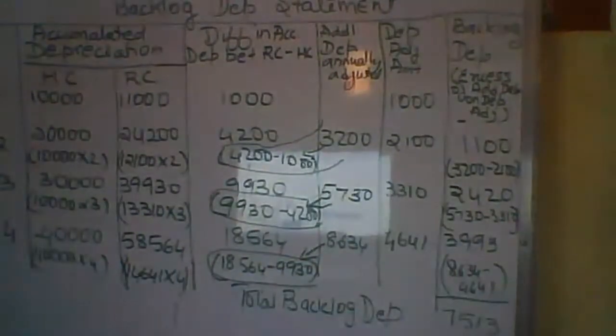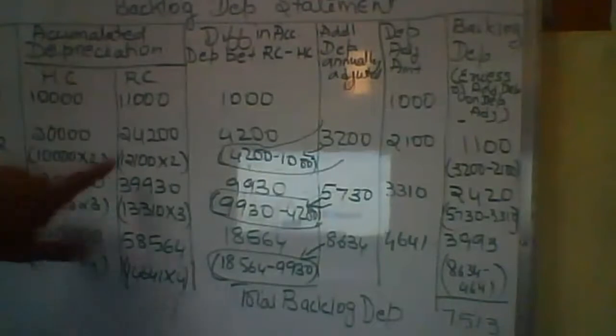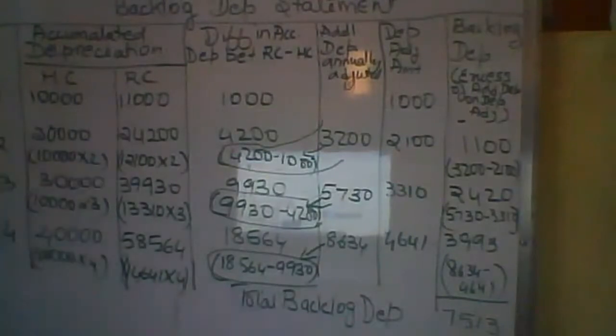So what exactly happens in backlog depreciation is, in depreciation according to inflation, we would be taking a different depreciation each year. But according to our accounting standard, it says you should have consistency. Consistency means if 1 year you take 11,000, every year under the straight line method it should be 11,000 only. If 1 year you take 12,100, every year it should be 12,100 only.